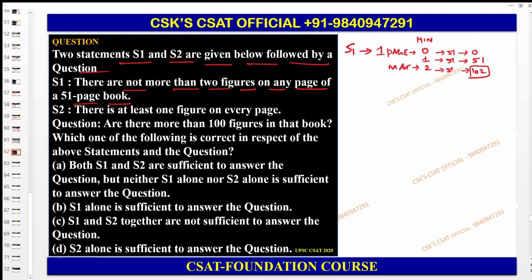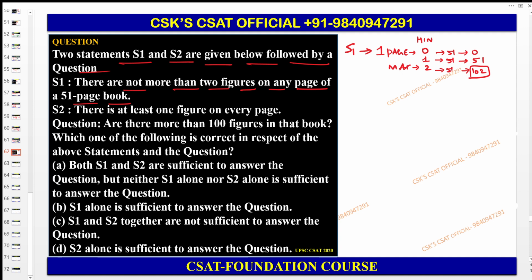Now understand here. Go with the question. Are there more than 100 figures in that book? Please understand. Are there means exactly: more than 100. If the question says can be, that is a correct statement. Can be means correct statement. Maybe means correct statement. Might be means correct statement.